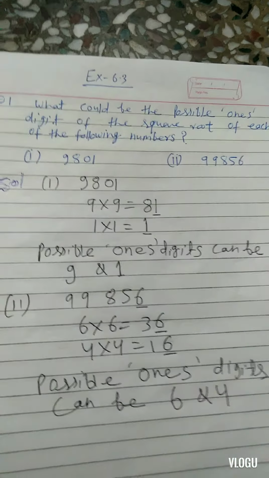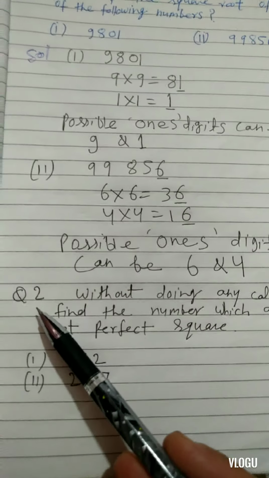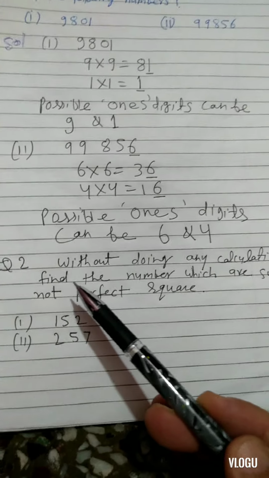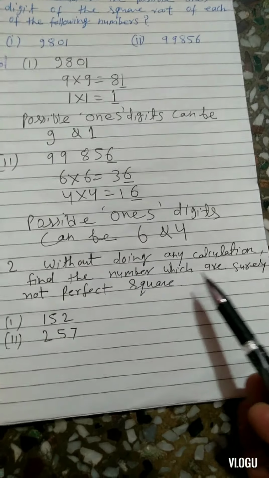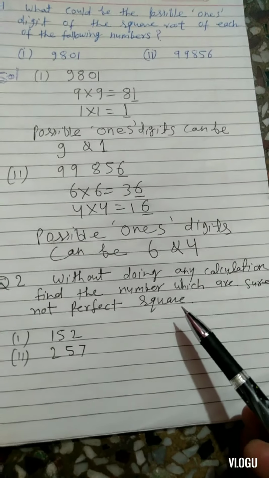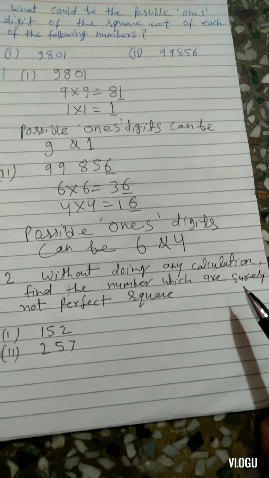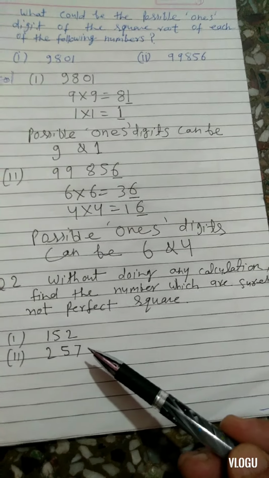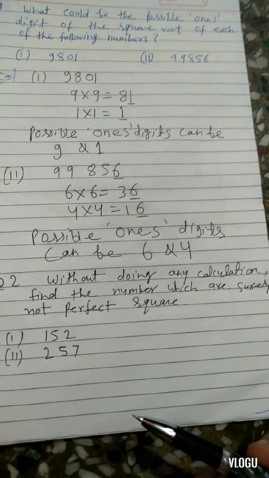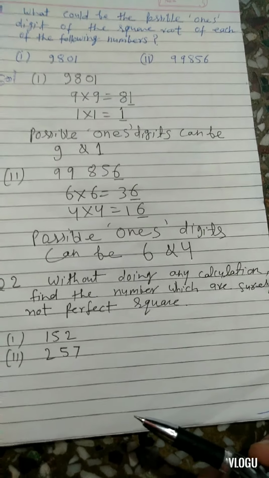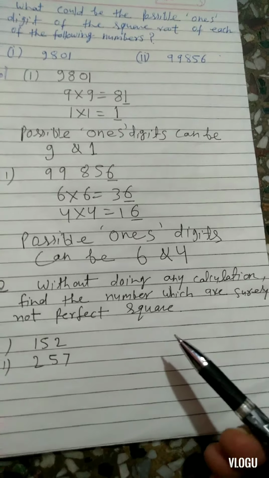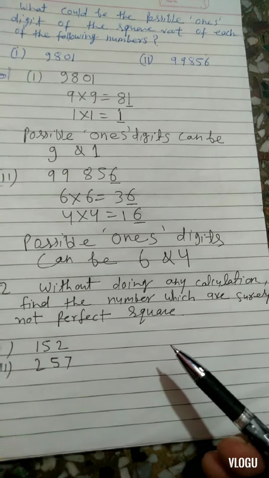Okay students, question number 2. Without doing any calculation, find the numbers which are surely not perfect squares. Here you have to find which numbers are not perfect squares. A perfect square number is like 16, because 16 can be written as 4 into 4, and 49 can be written as 7 into 7.